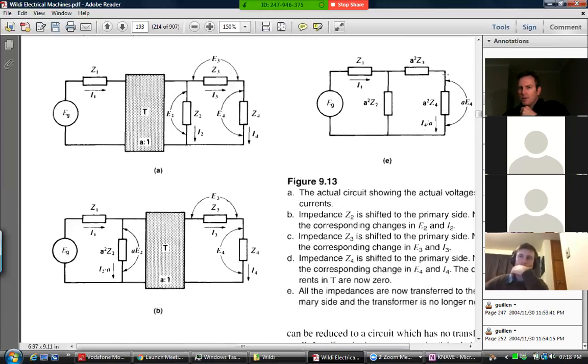So this current vector here is equal to I4 over A, where I4 is what you actually are wanting. It's the real current in the real secondary of the real transformer when the load's on the secondary side like this.